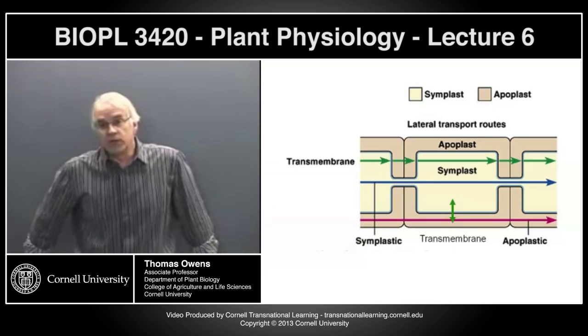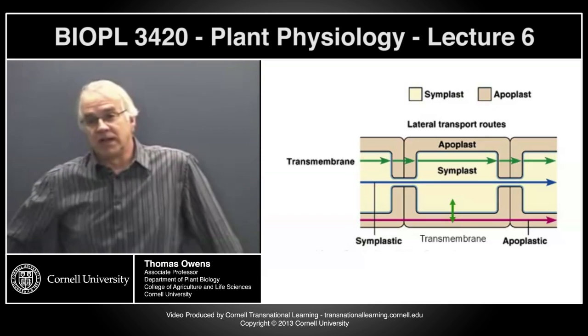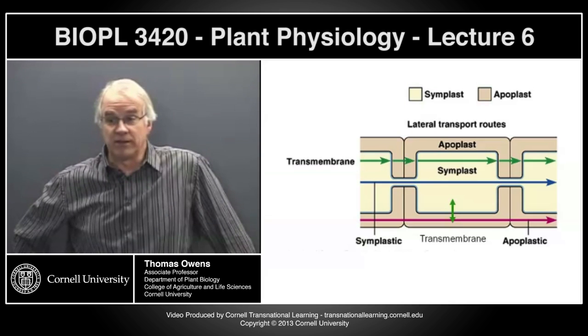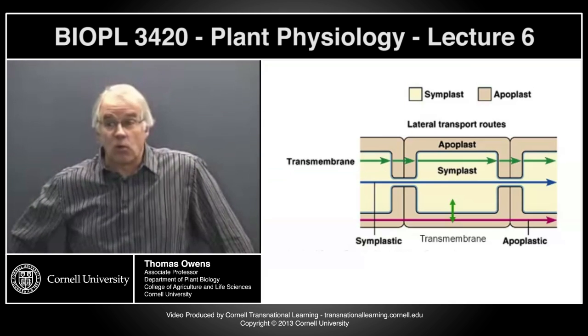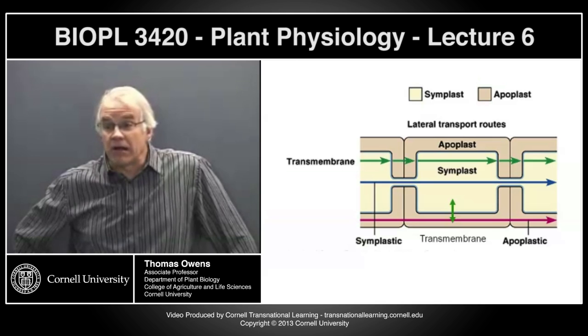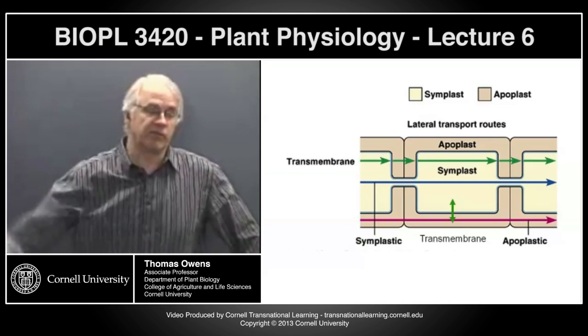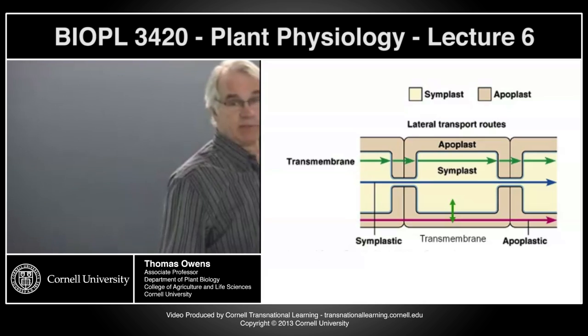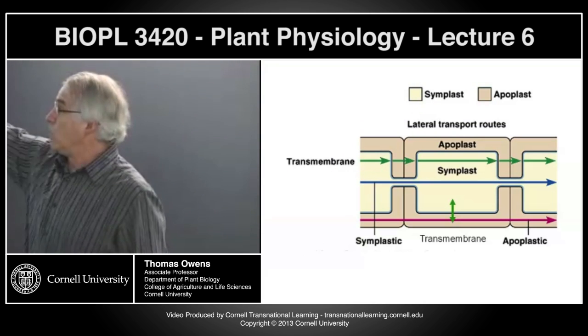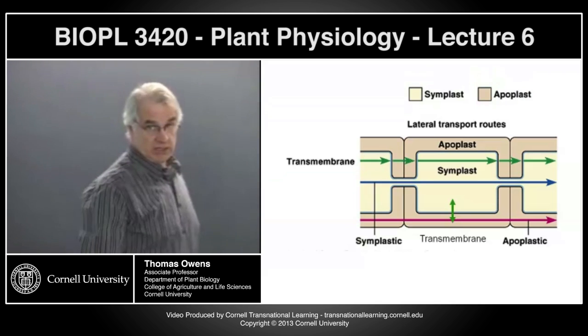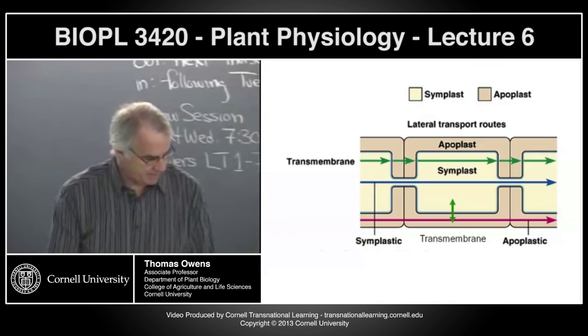It's relevant throughout the plant. When we talk about xylem and phloem transport, when we talk about where compounds are diffusing, when we talk about hormones moving, when we talk about RNAs moving, we need to think about the pathways that they're following. So be comfortable with the distinction between symplastic and apoplastic and what it means as far as passing between those two regions, having to cross the plasma membrane.